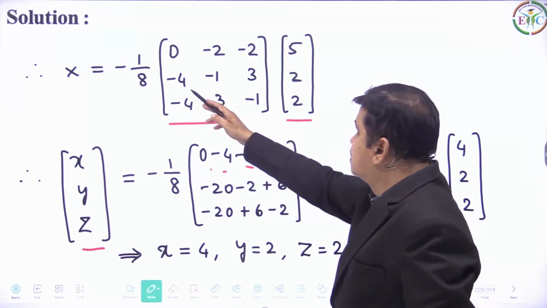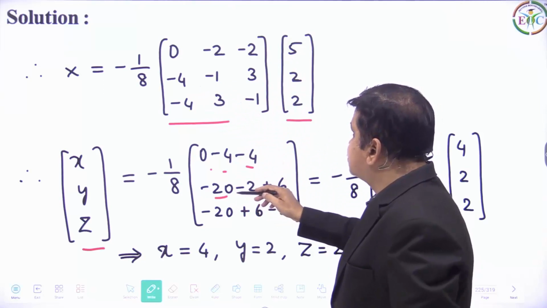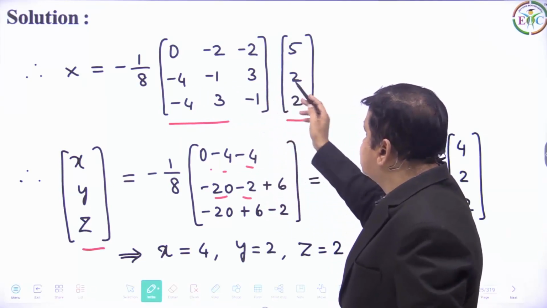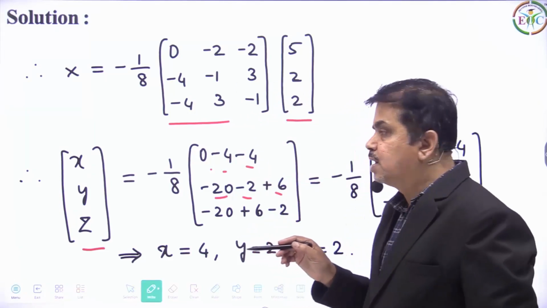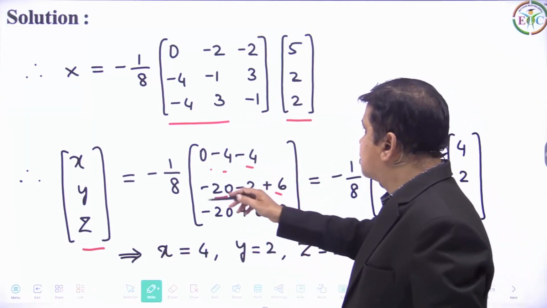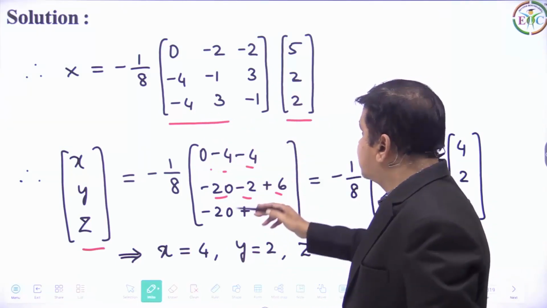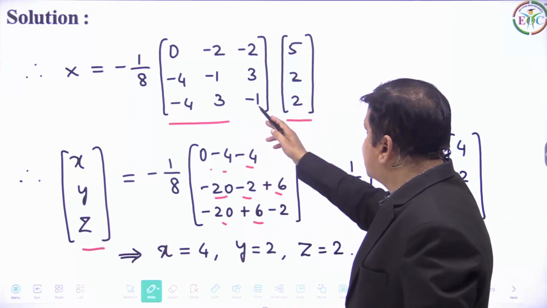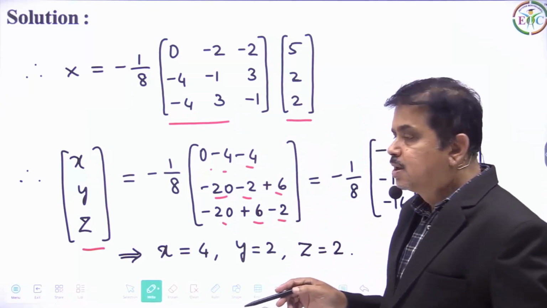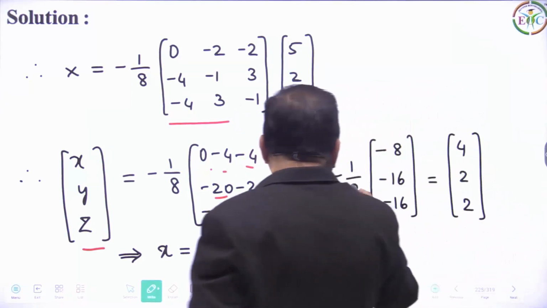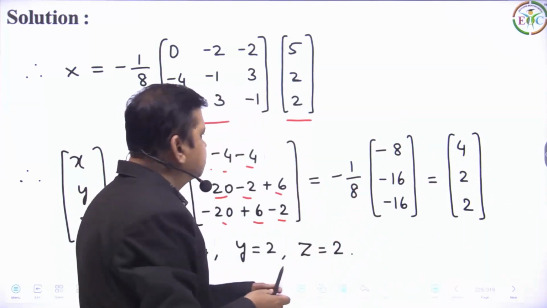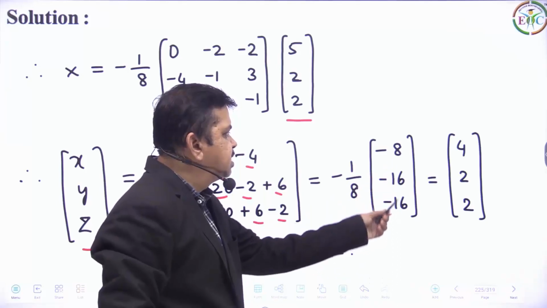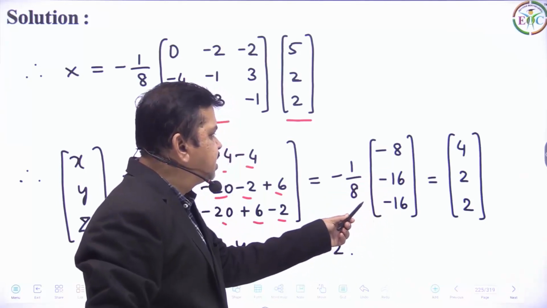Coming to the second row, we have minus 4 into 5 is minus 20, minus 1 into 2 is minus 2, plus 3 into 2 is 6. This will be the second row element. And coming to the third row we have minus 4 into 5 is minus 20, plus 3 into 2 is 6, plus minus 1 into 2 is minus 2. On simplification we have minus 1 by 8 into the matrix with elements minus 8, minus 16 and minus 16.